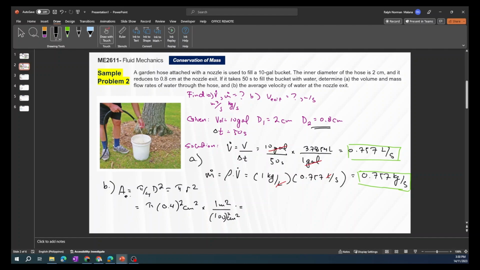Yeah, so it's going to be 0.0000502 meters squared, or 5.027 times 10 to the negative 4th meter squared.